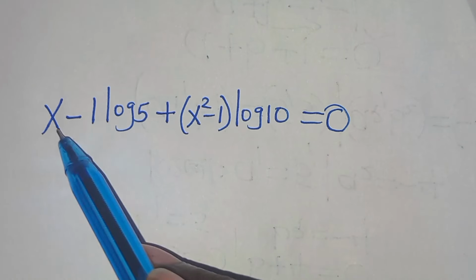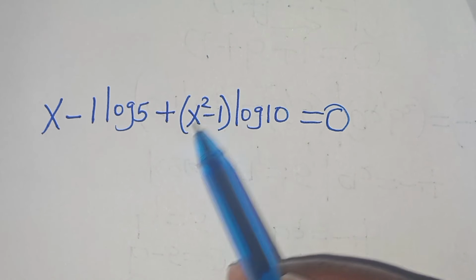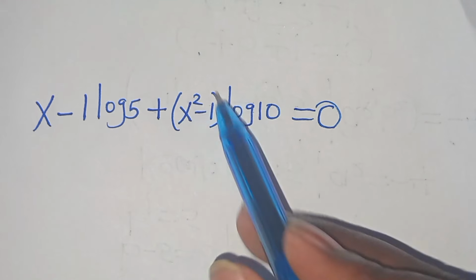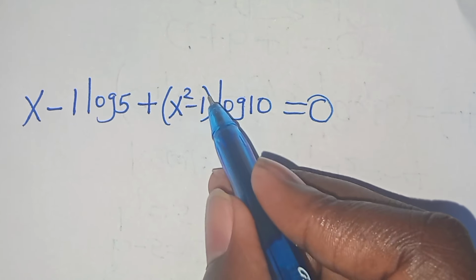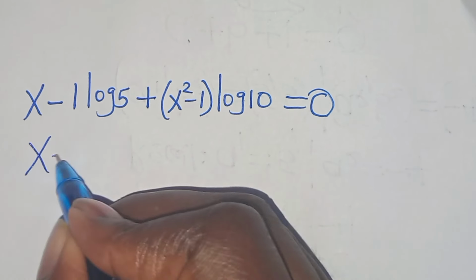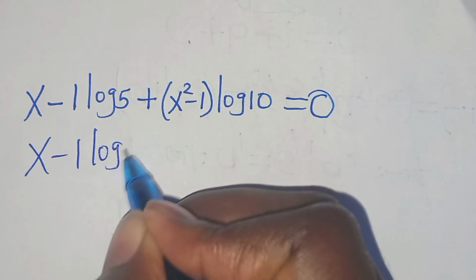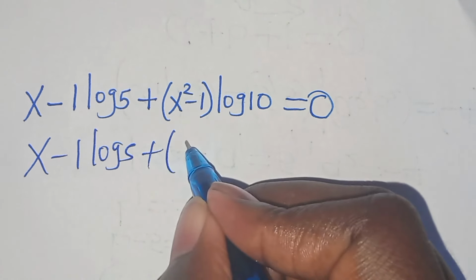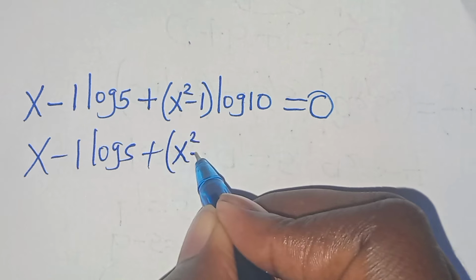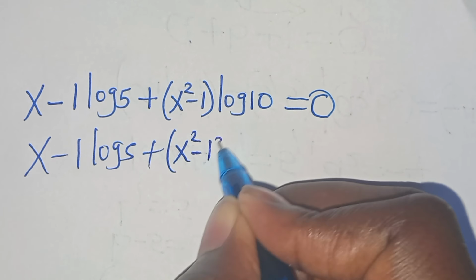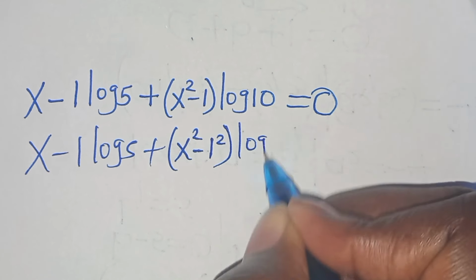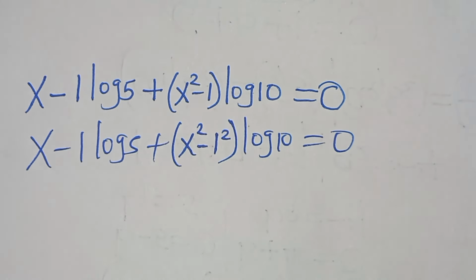Now here we have x minus 1 log 5 plus x squared minus 1 log 10. We can express this as x minus 1 log 5, then plus x squared minus 1 squared, then log 10. This is equal to 0.